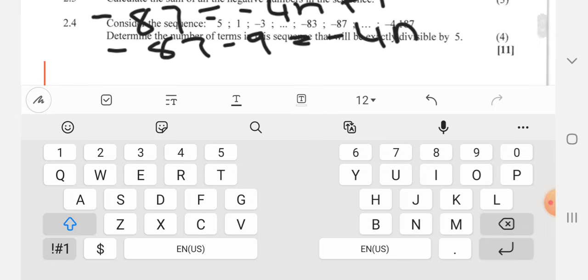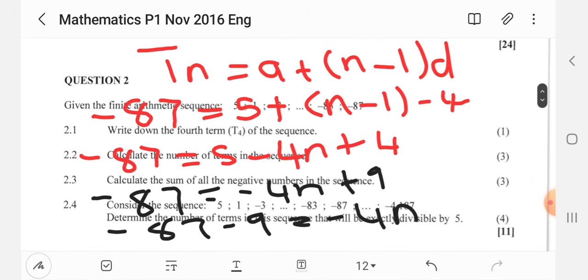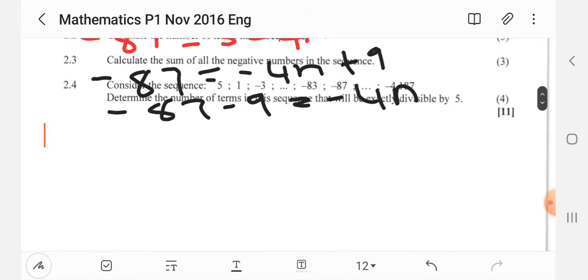Anyway, I've made a mistake. Let's look at the mistake. Yeah, here is the mistake. No, it's still fine. We added the 5 and the 4 because they're both positive, so we take them this side.